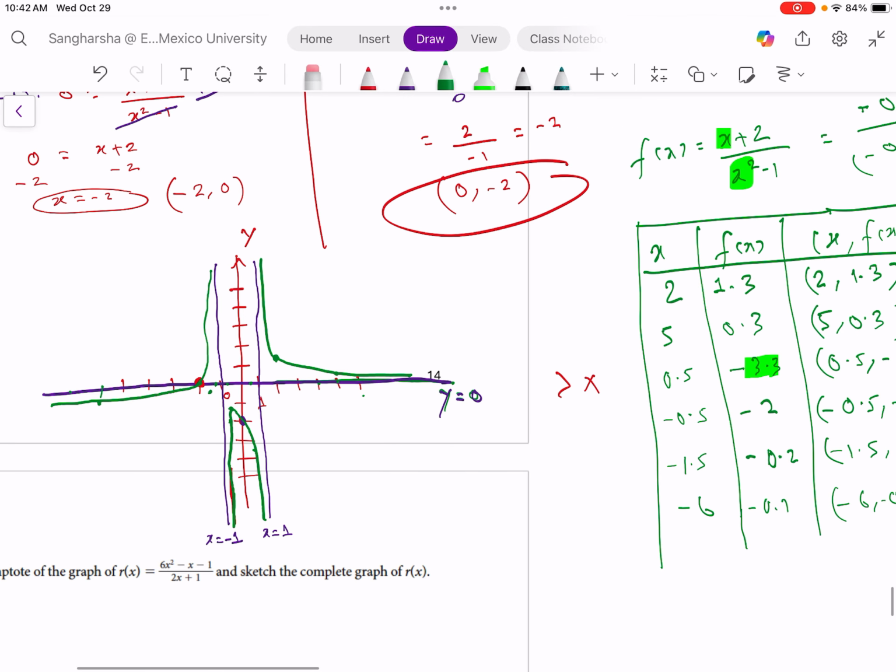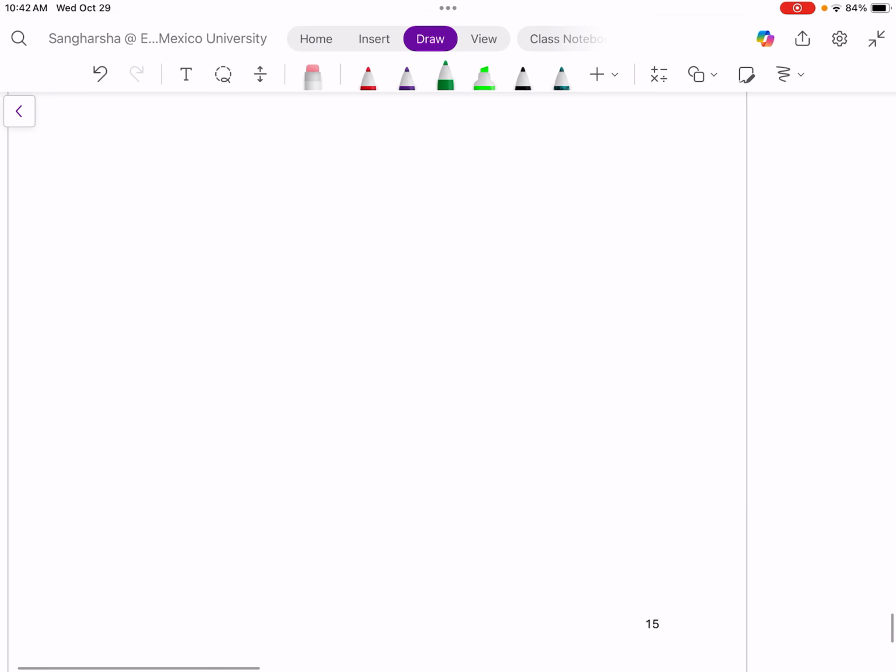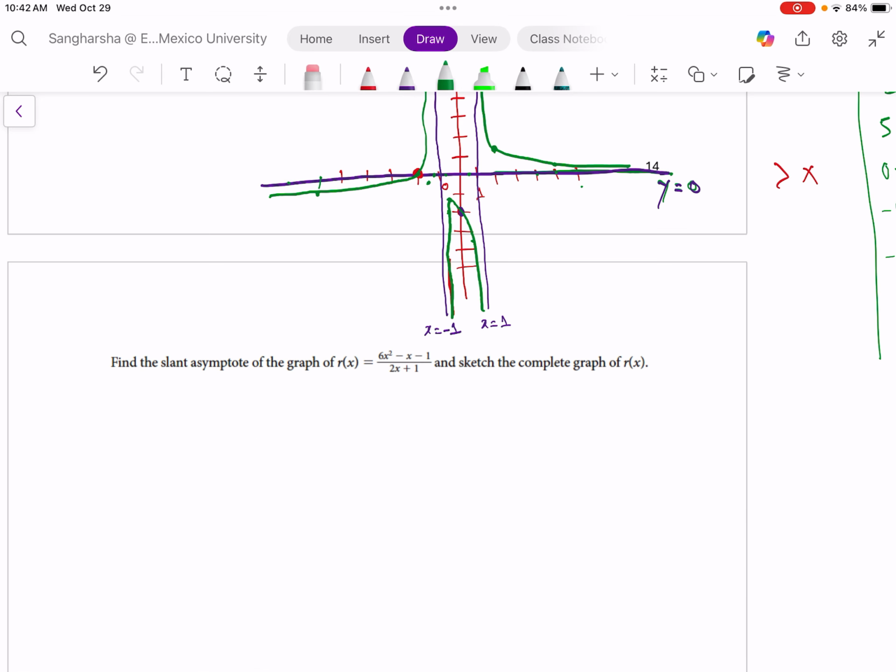And when you make a table, you take the x very close to the vertical asymptote and very far from the x-intercept. It will help you to get a very close graph. Now let's skip this one. Let's not do this one.